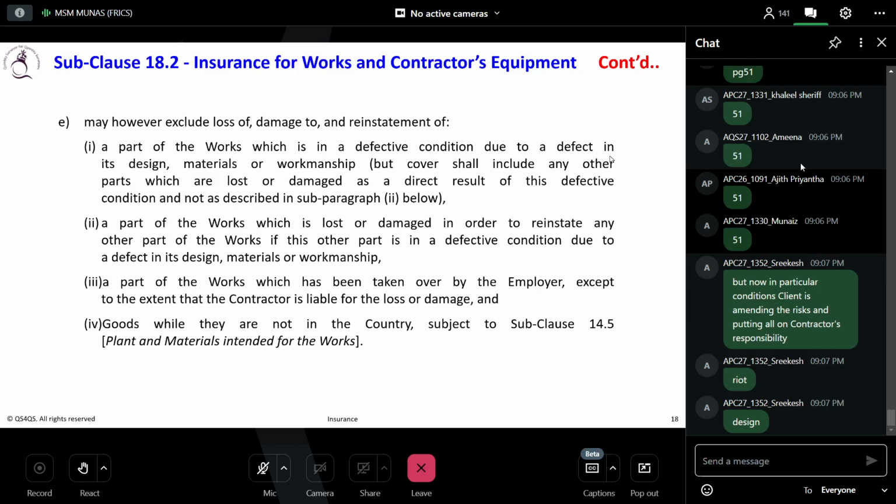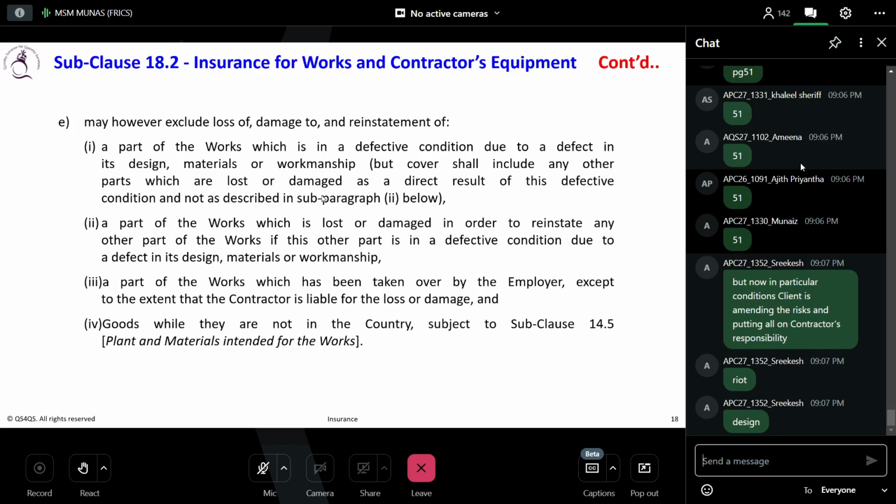Part of the works which is in a defective condition due to a defect in its design or material or workmanship, but cover shall include any other part which is lost or damaged as a direct result of this defective condition and not described in sub-paragraph 2 below.